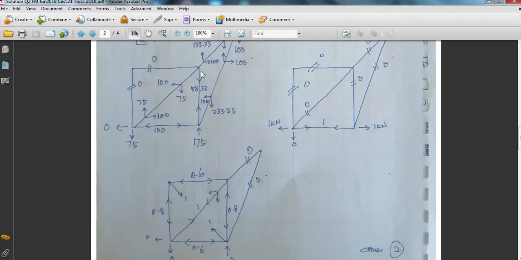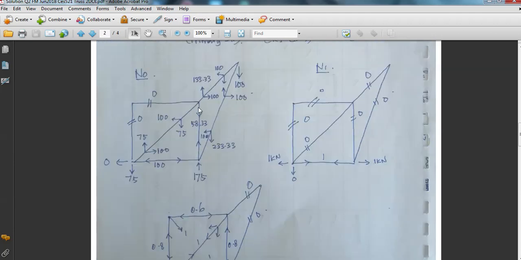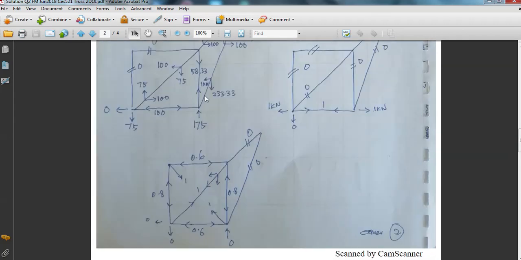For this example, this member is member DC. Member DC is 58.3. Where is the DC? DC 58.3. Why positive? Because the arrow is not toward this joint, so this is considered tension and a positive value.